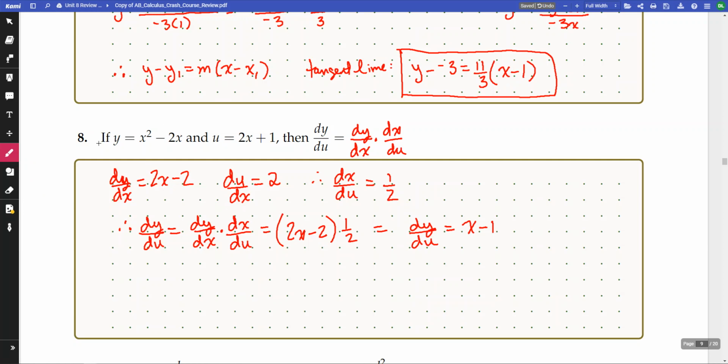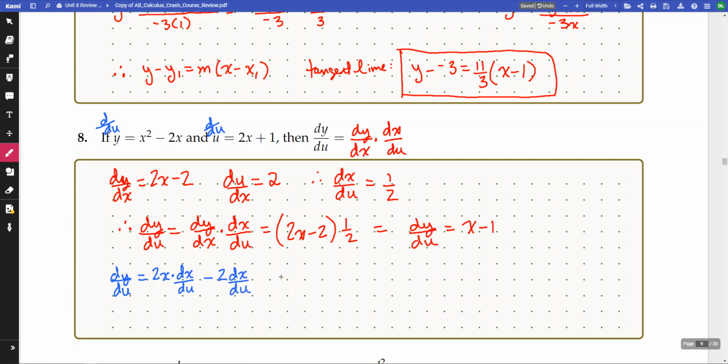Okay. Now, technically, there is another approach that we could use to solve this. We could say, hey, let me take the derivative with respect to u of both sides of this equation. Right? So for what I have on the left side, derivative with respect to u, I would have dy over du is going to be equal to 2x times the derivative of x with respect to u minus 2 times the derivative of x with respect to u.